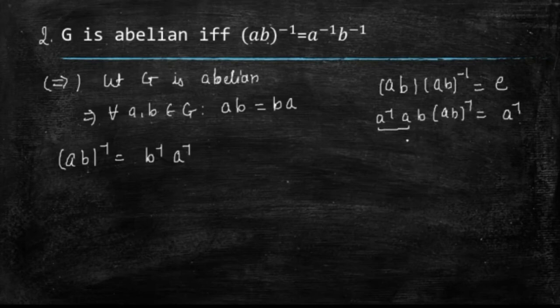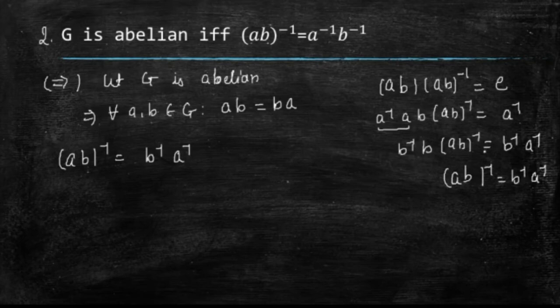This will give you identity and this will vanish. Now you pre-multiply by b inverse, so b inverse b into (ab) inverse you will get b inverse a inverse, and finally (ab) inverse is equal to b inverse a inverse.